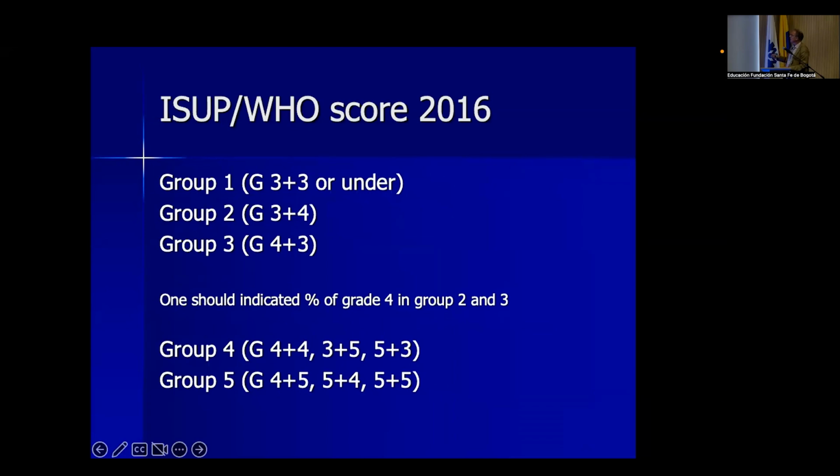And the second one is the differentiation between group 2, with less than 50% of grade 4, and group 3, with more than 50% of grade 4. So on the histological report, you have to specify, of course, the percentage of grade 4 to discriminate between group 2 and group 3. Then group 4 is 4 plus 4, 3 plus 5, or 5 plus 3. That is the old Gleason score 8. And group 5 is Gleason more than 8.